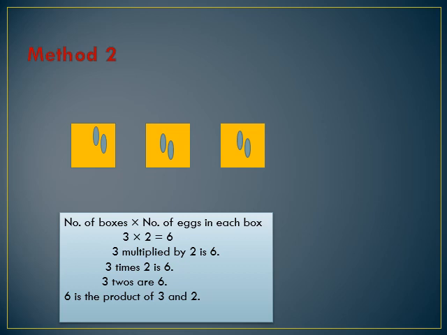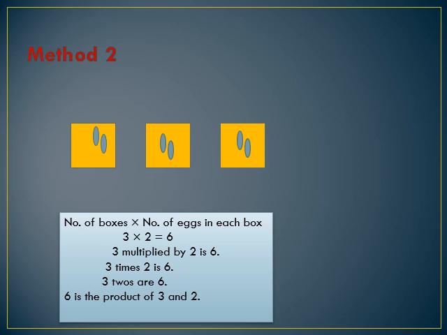So here, we multiply the number of boxes with the number of eggs. So, 3 times 2 is equal to 6. Thus, there are 6 eggs in all.